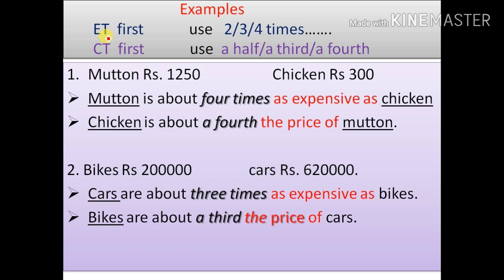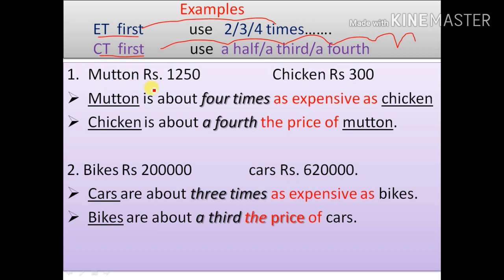So I would like to remind you again, if you are making comparison using the expensive thing at first, you have to use times, 2 times, 3 times, 4 times. And if you are using the cheap thing at first, you have to use a half, a third, a fourth, a fifth, a sixth, a seventh, and so on.